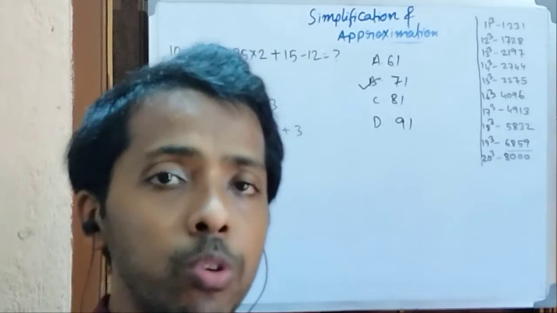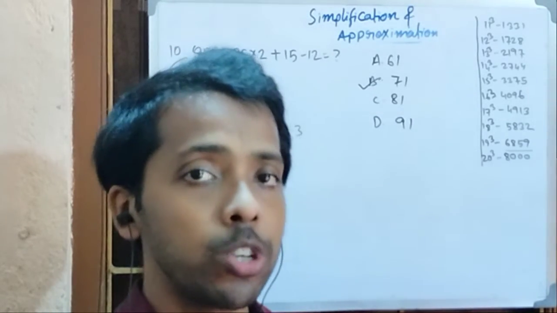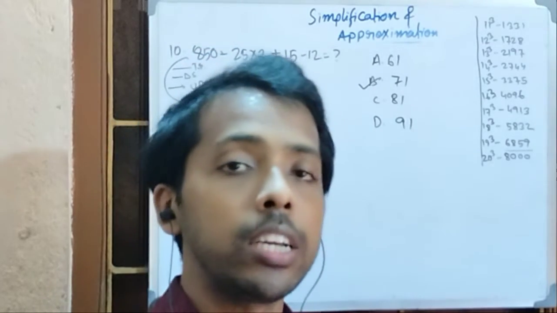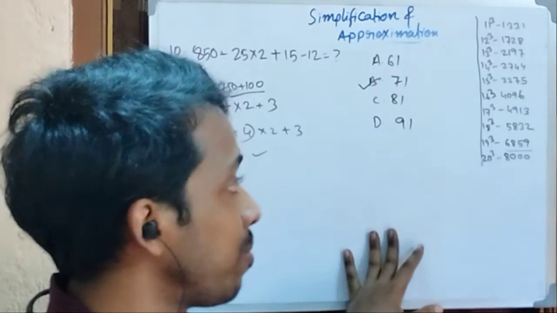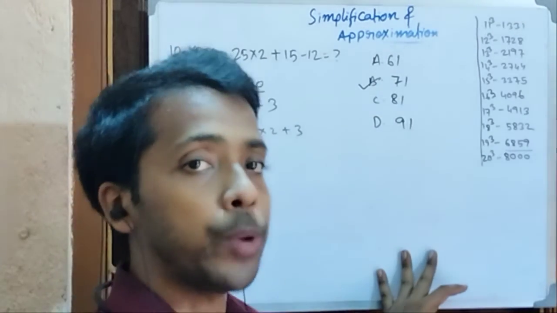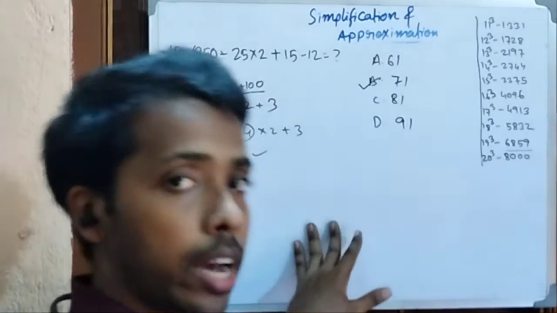The core concept here is that you have to solve it in minimal time. One should not take more than 20 seconds. I am saying it repeatedly: in simplification or approximation questions, you have to solve it within 20 seconds, because the paper is not based only on simplification and approximation.